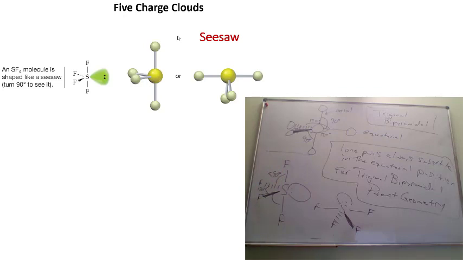So if we were to truly draw this in a representative structure, we would draw these bonds slightly crooked, so slightly displaced. Okay, and again, this is called seesaw.